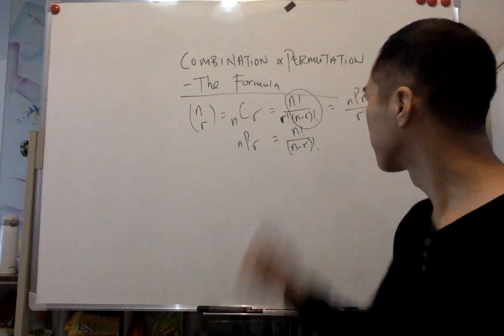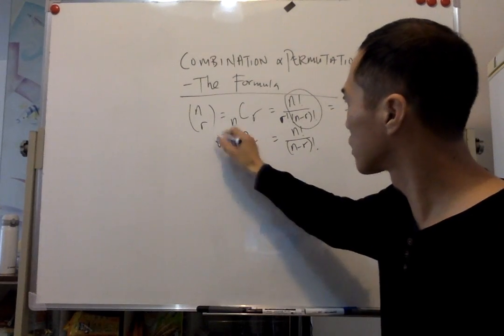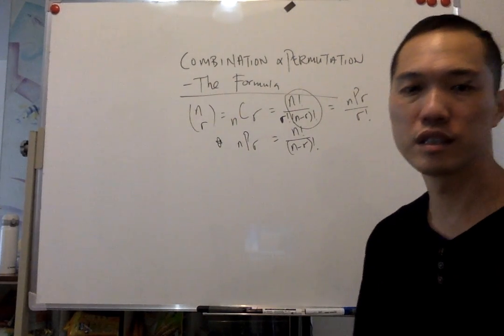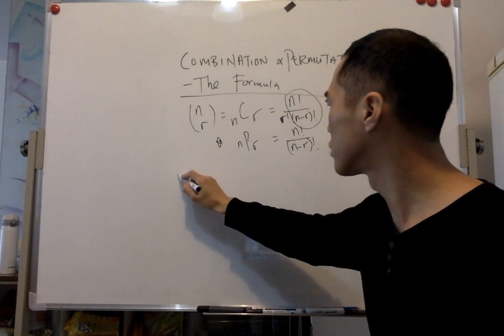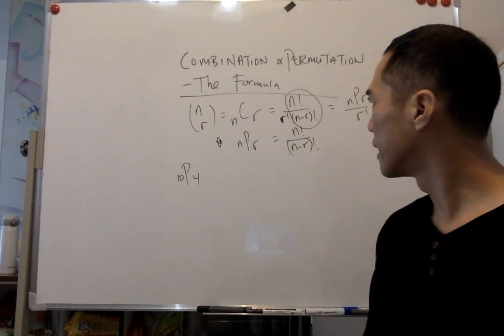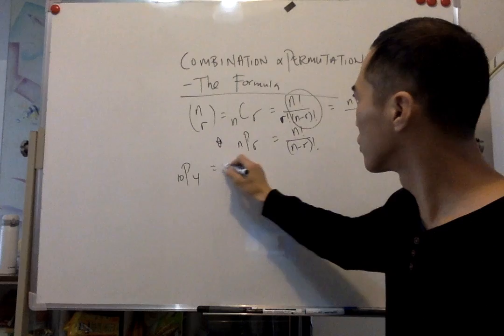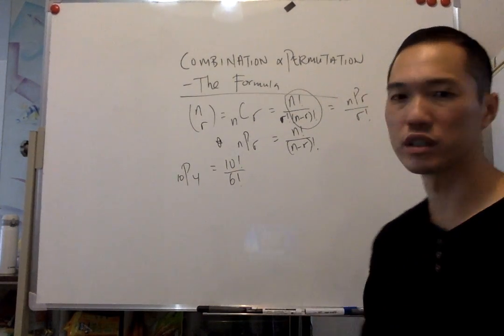Okay, so now let's consider the concept of nPr first. Let's change to 10P4 we had before. If you use this formula, it's 10 factorial over (10 minus 4), which is 6 factorial.